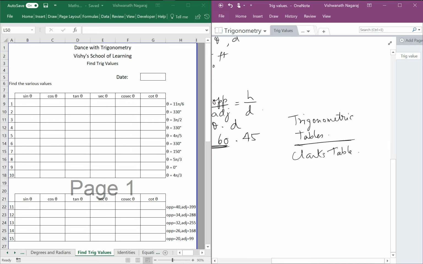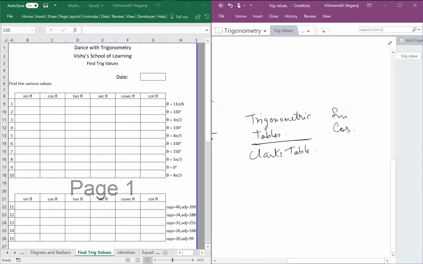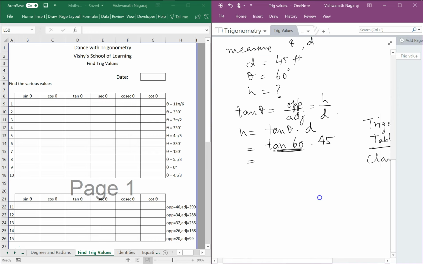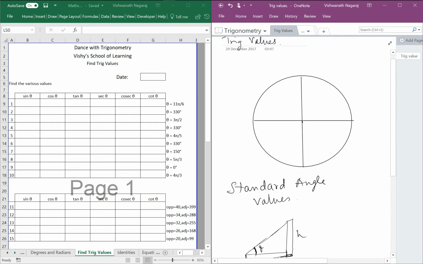Now these trigonometric tables will contain a table for sine, for angles of sine. It will have tables for cos, and like that it will be there for others. Okay, so once you have the value, then we can calculate it. So the advantage of the standard angles is that once we know the trigonometric values of the standard angles, it becomes easier to use them in our heights and distance calculations.